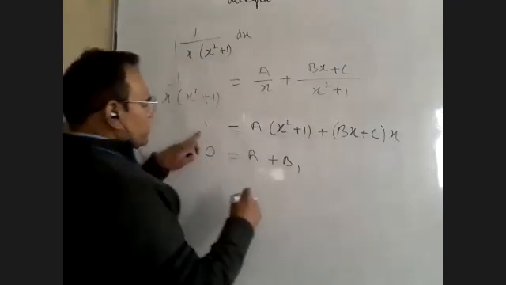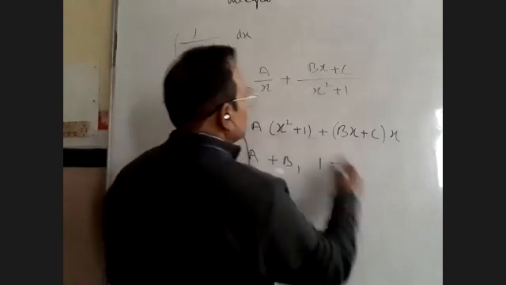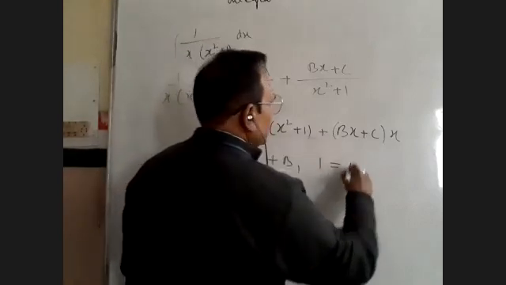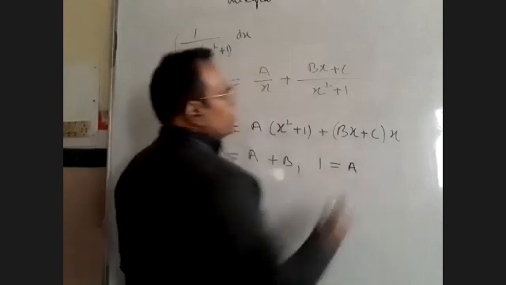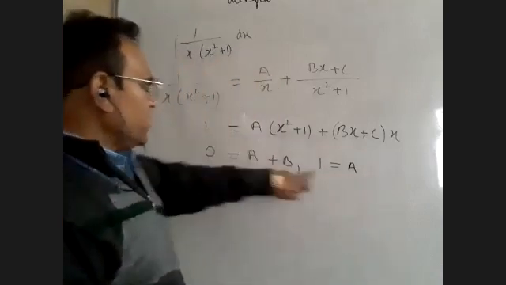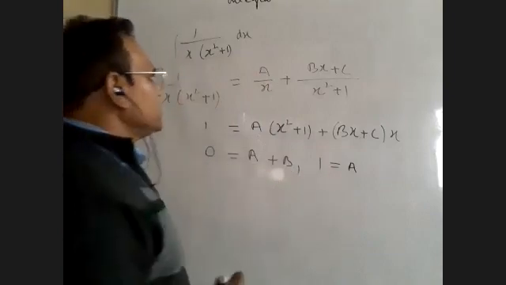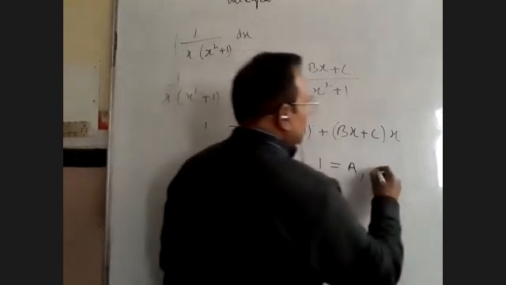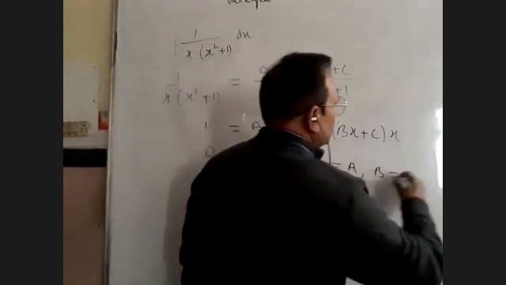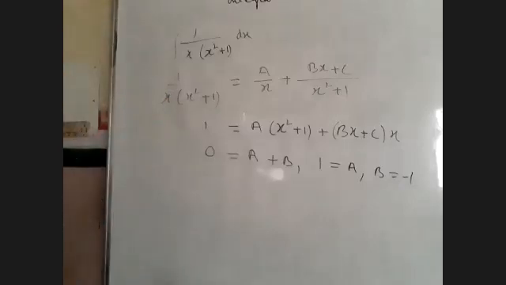Now take the constant term. The constant term is 1 here, and here we get the constant term only from A. So the value of A is equal to 1, and we get the value of B is equal to minus 1. Now we want to find the value of C also.